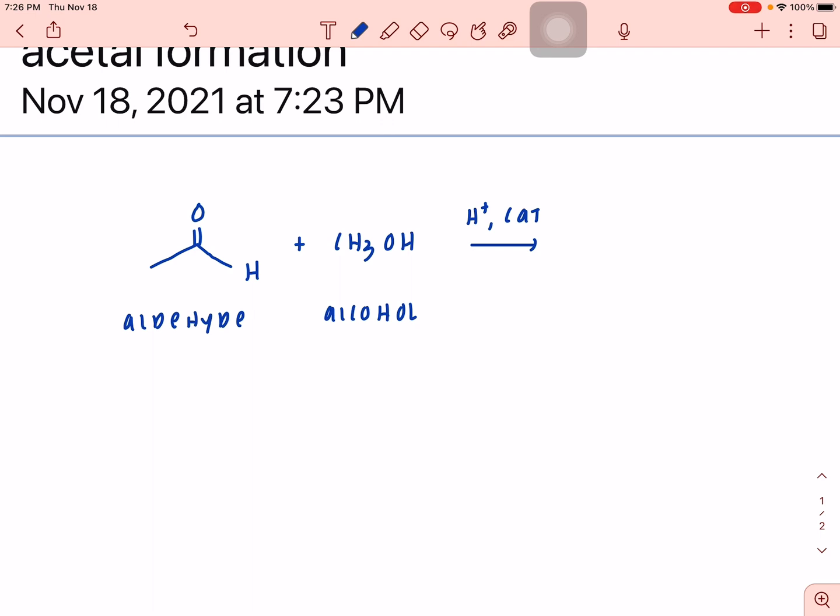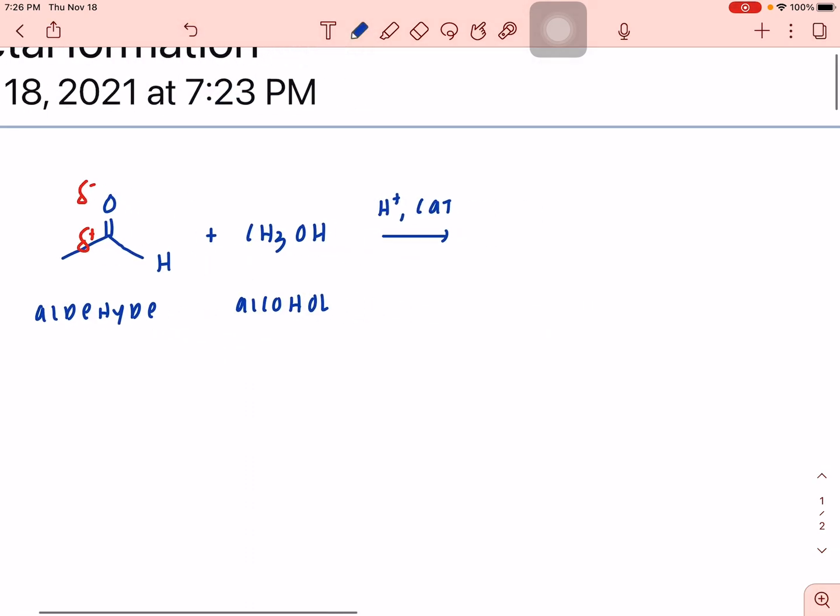I've always seen it with a strong acid, but we just put a proton there to let us know that it will be catalyzed. The reason we have to catalyze it is that oxygens are very electronegative. So this carbon-oxygen bond has a partial negative on the oxygen and a partial positive on the carbon.